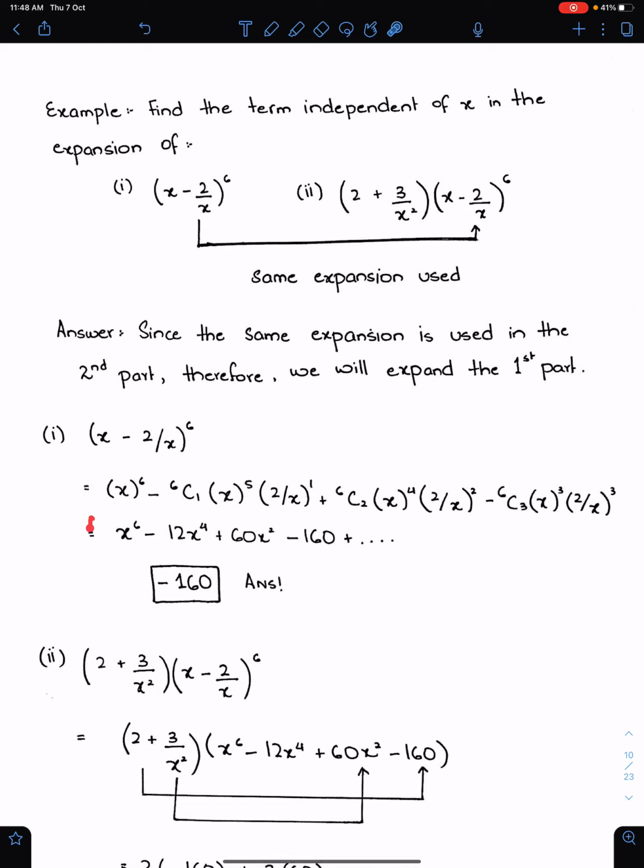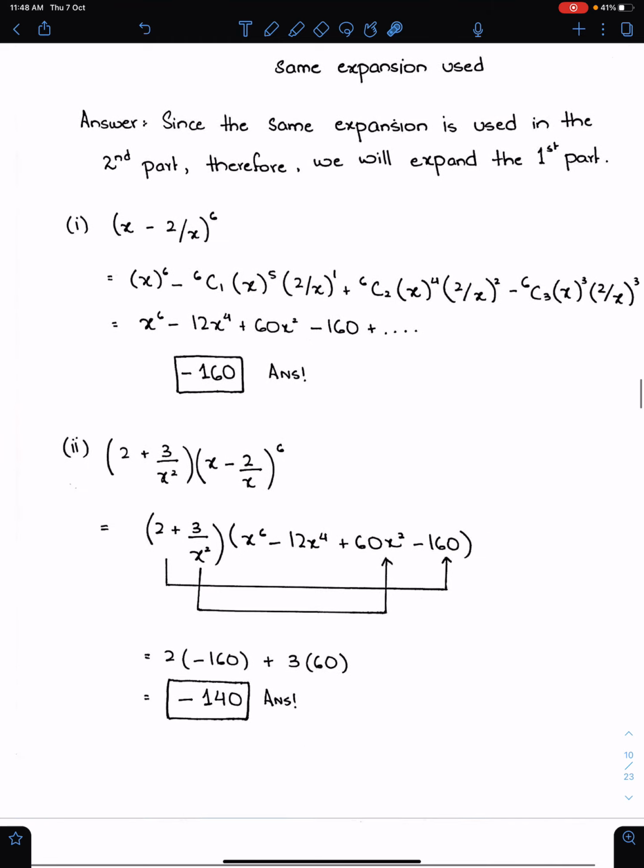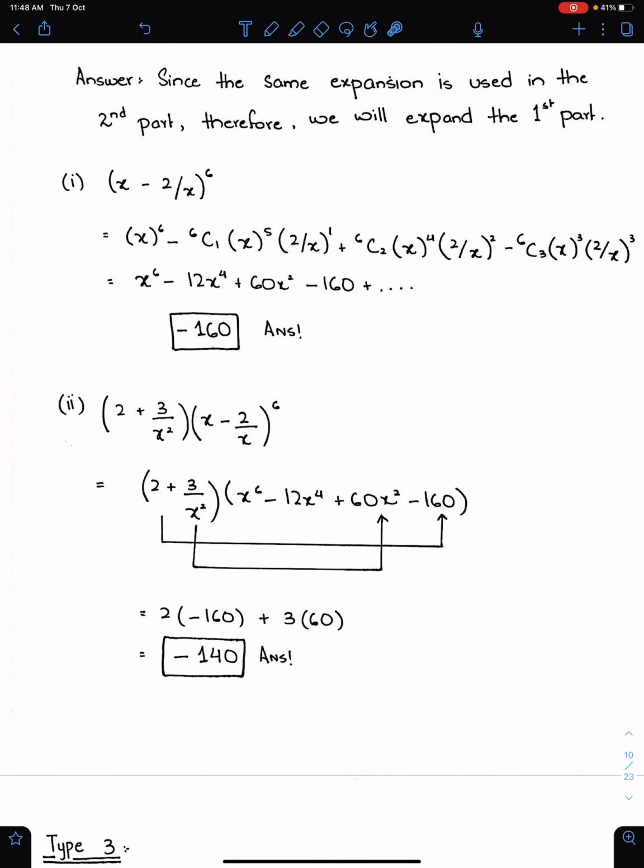But see, I will use this expanded form here to make the calculations of this part simple. See, I substituted this here. Now I need the term independent of x, so I need to multiply 2 with this. Independent of x means constant term, and this with this.